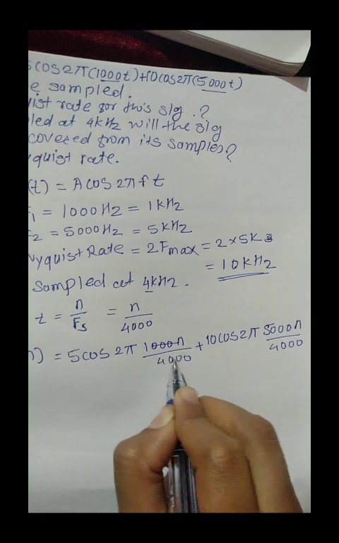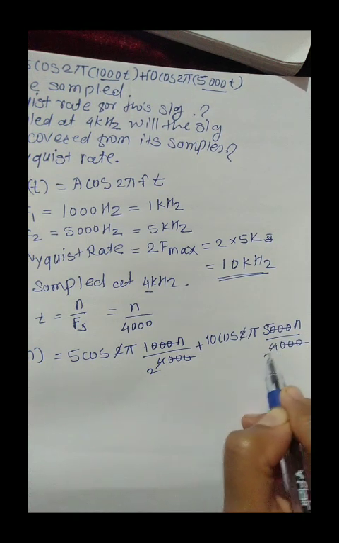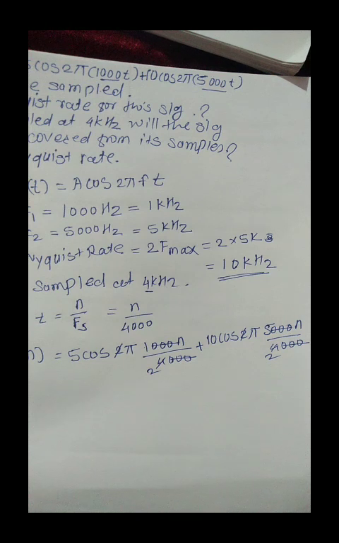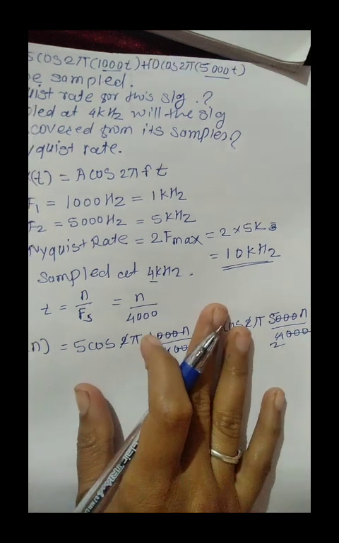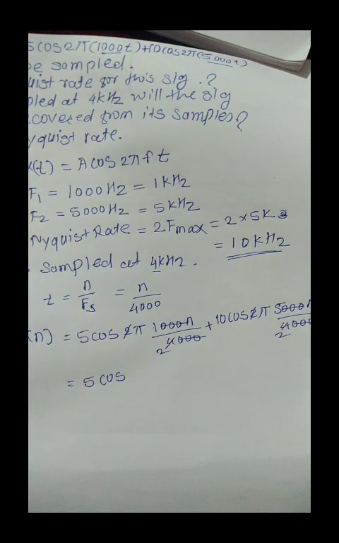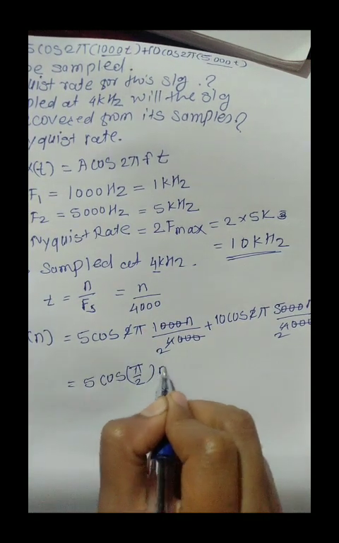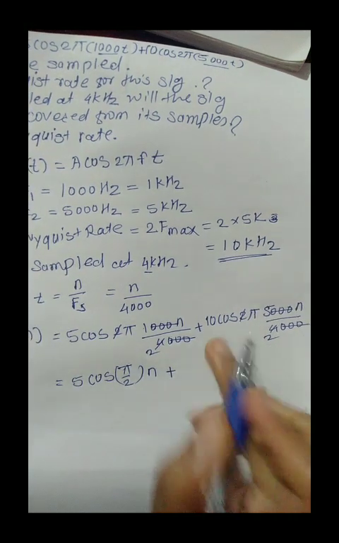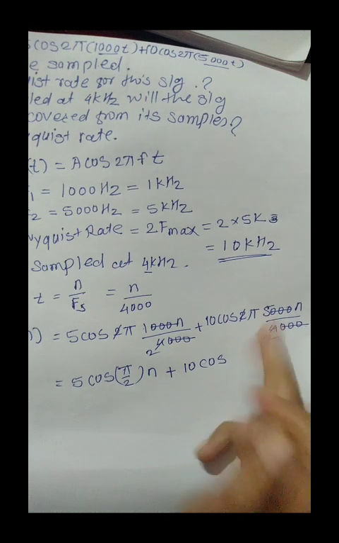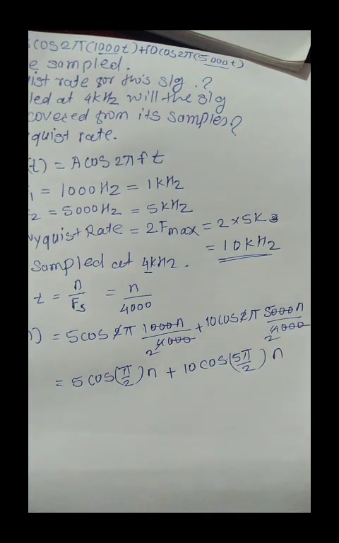Now we are going to simplify the equation. Basically the equation becomes 5 cos pi by 2 into n plus 10 cos 5 pi by 2 into n.